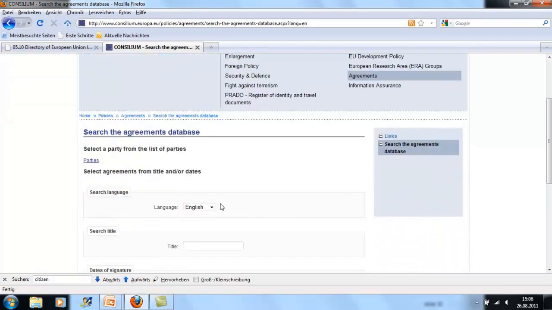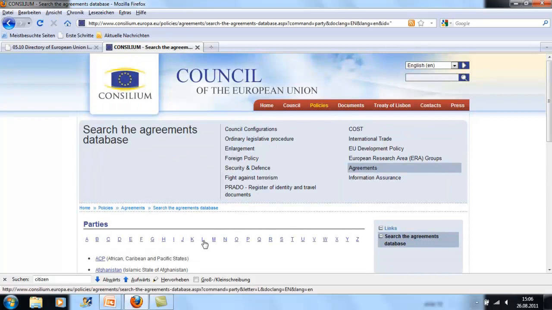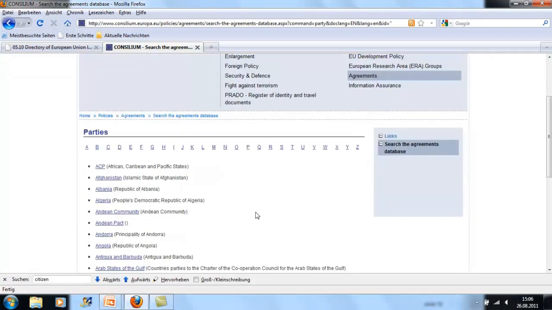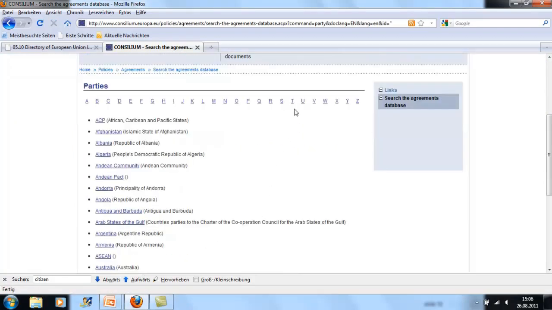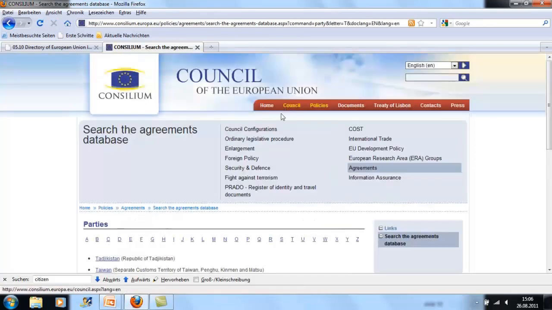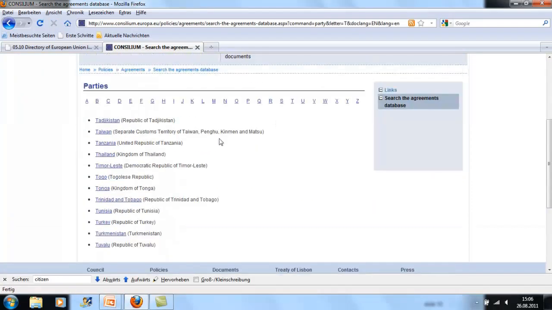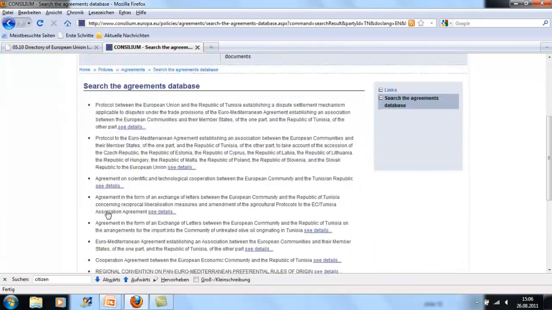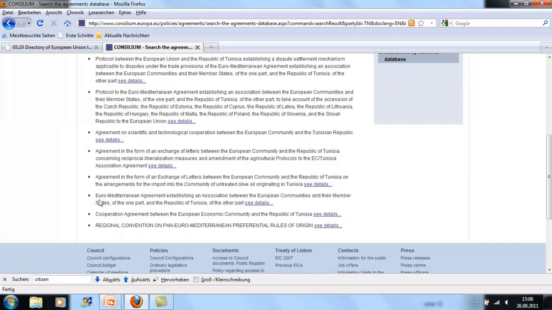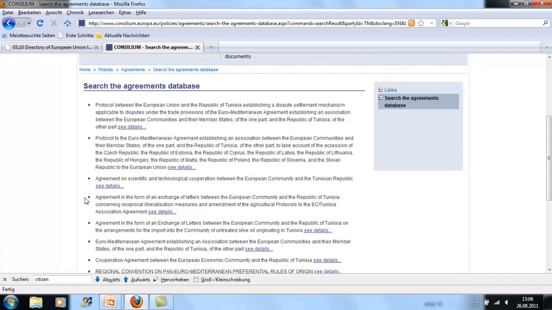Most likely the easiest way will be to click on Select a party from the list of parties. If you then click on T for Tunisia, you will then get a list of all the agreements which have been concluded by the EU and this country.